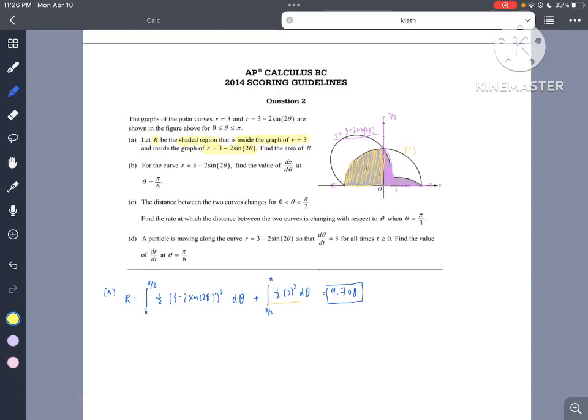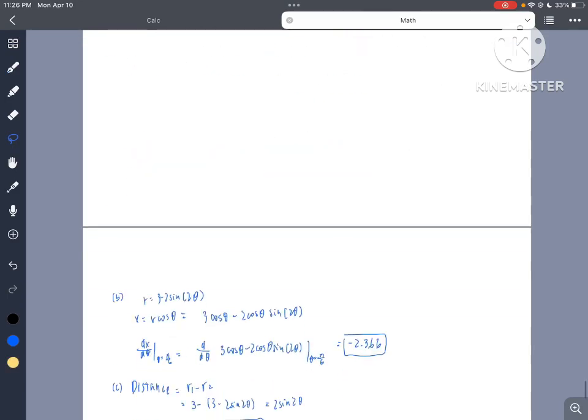Now let's look at the second question. For the graph, r is equal to 3 minus 2 sine 2 theta. So it will be this curvier graph. And we want to find dx over d theta at theta is equal to pi over 6.